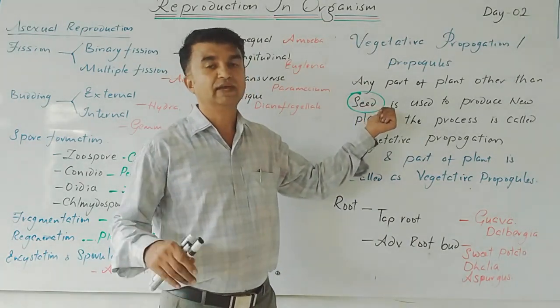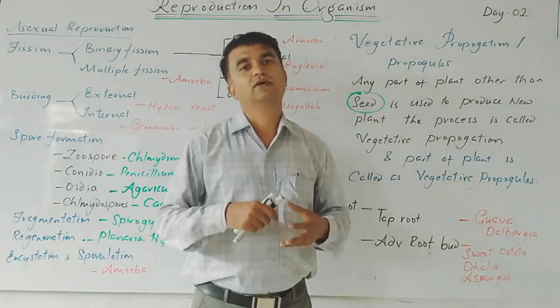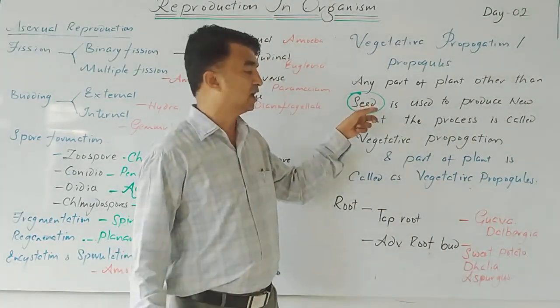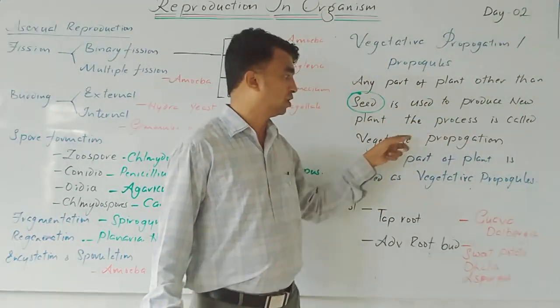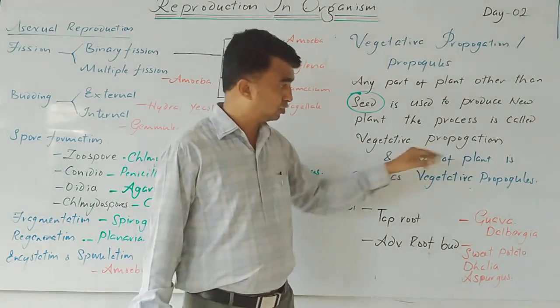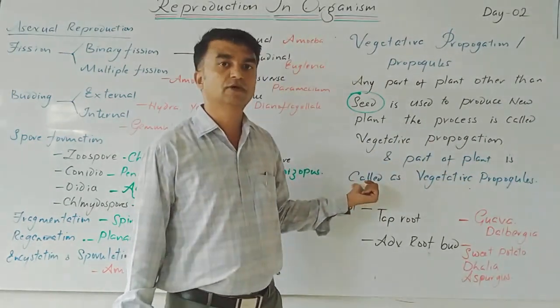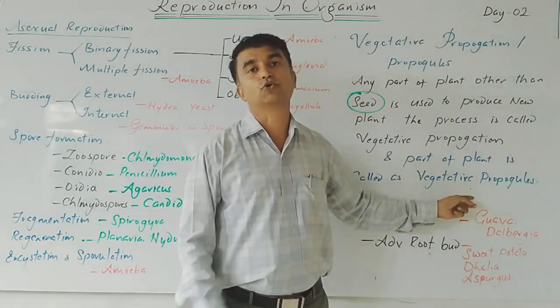If we use any part of the plant, either root, stem, leaf, or adventitious bud, anything other than the seed, to produce a new plant, the process is called vegetative propagation. The part of the plant used for producing the new plant is called the vegetative propagule.